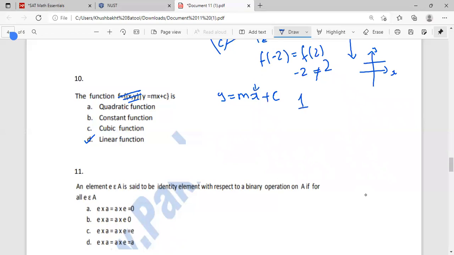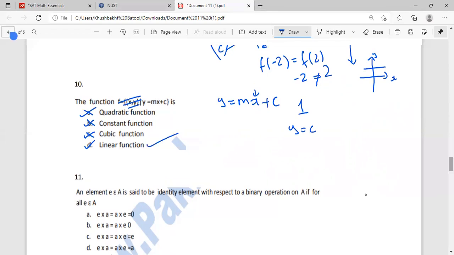If it was 2, it would have been quadratic. If it was 3, our answer would have been cubic. And if we only had y equals c, this would have been the answer. But since the power is neither 2, nor is it a constant, nor is the power 3, D is the answer. It is a linear function. Okay, D is the answer.